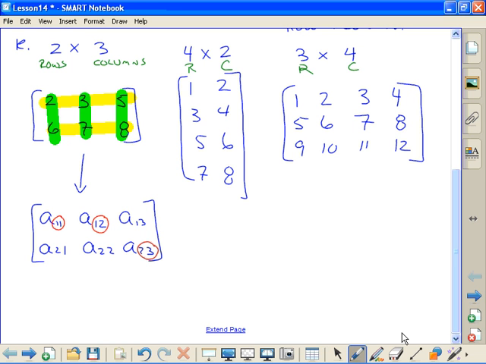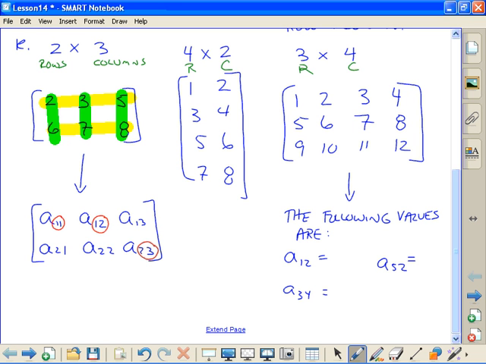Okay, so if we go with the 3 by 4, for example, the following values are A12, A34, A52.